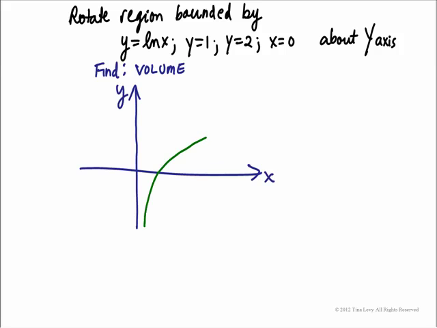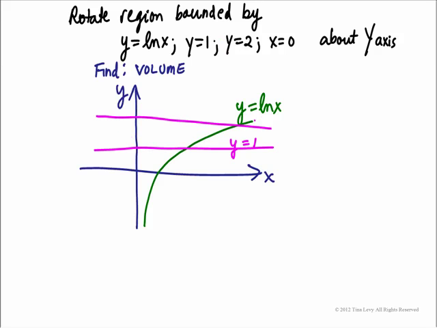We have y equals log x. Then y equals 1 is horizontal, and y equals 2 is another horizontal, and x equals 0 is the y-axis.